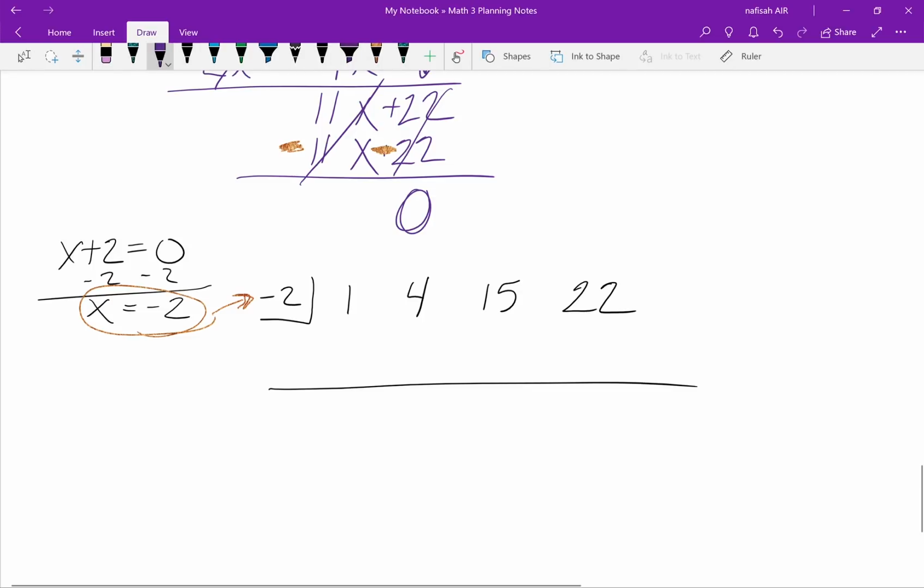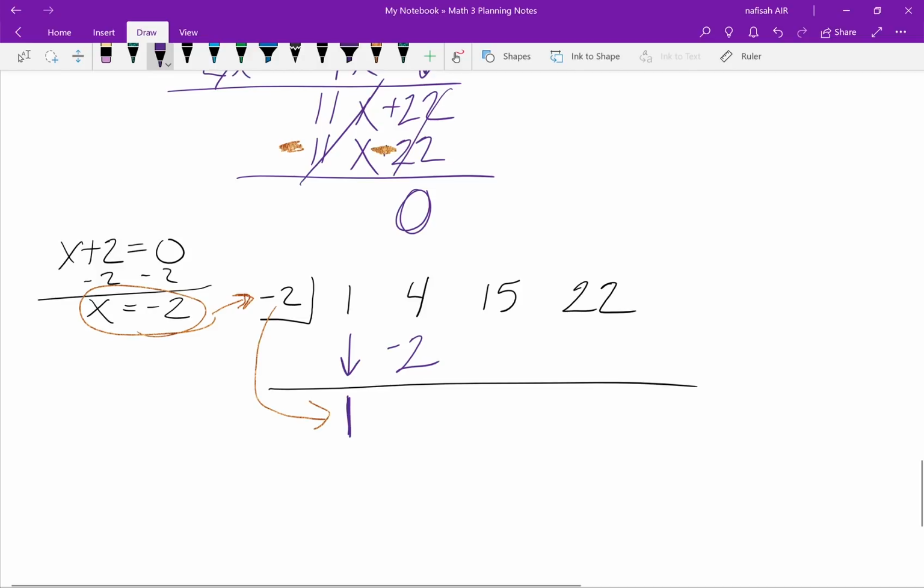When you do synthetic division, you bring down your very first number. So I'm bringing down the 1. And then you take this -2, you multiply it by every number you write down here. So since my first number is a 1, I'm going to do -2 times 1. -2 times 1 is -2.